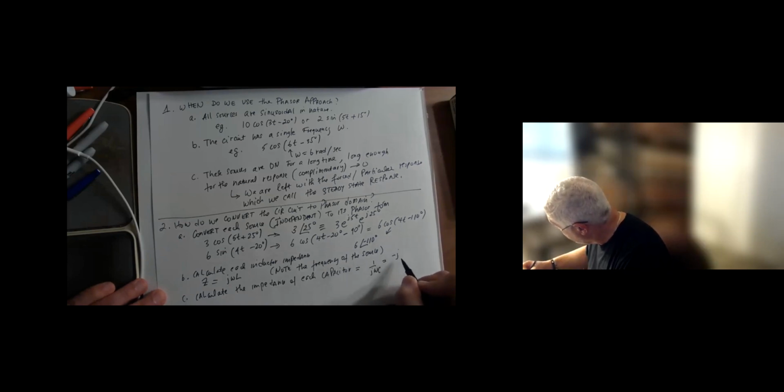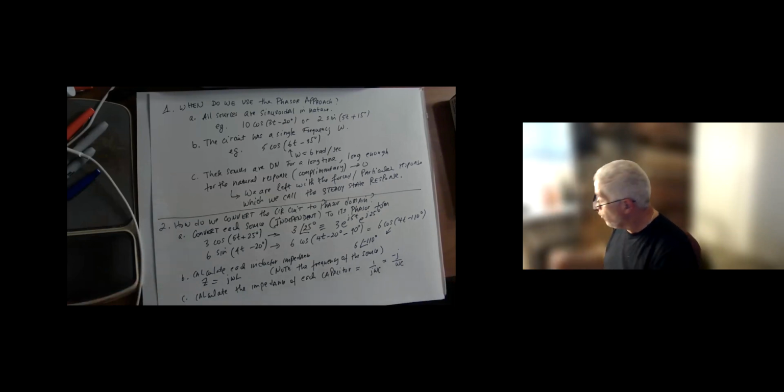So we calculate the impedance of each inductor. We calculate the impedance of each capacitor: 1 divided by j omega C, which we can also write, by the way, as minus j divided by omega C, because 1 over j is minus j.